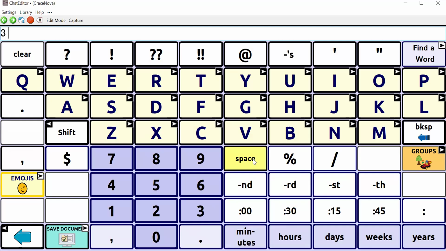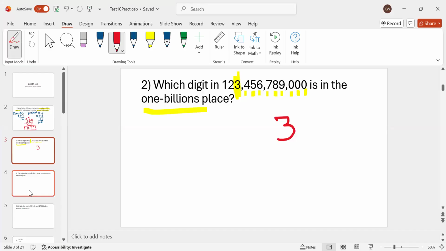So you have a couple of different ways to give your answer: with the talker, with your finger, or with the calculator. Okay, let's go to our next problem.